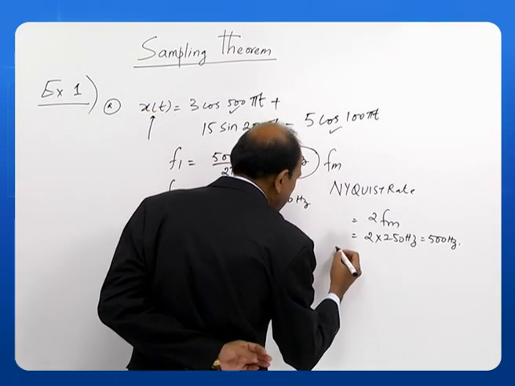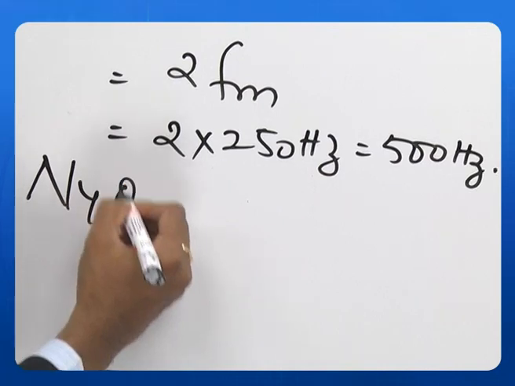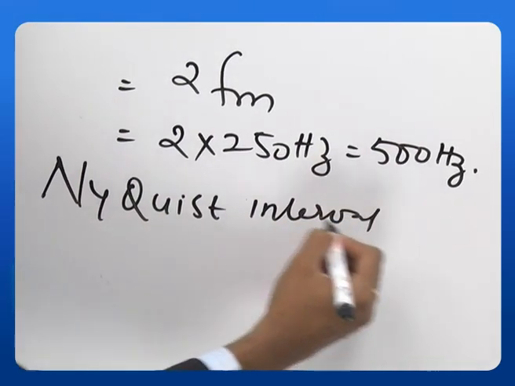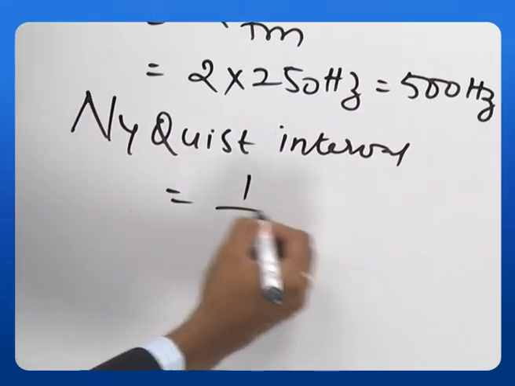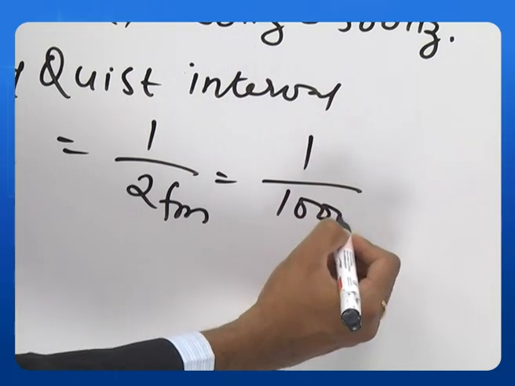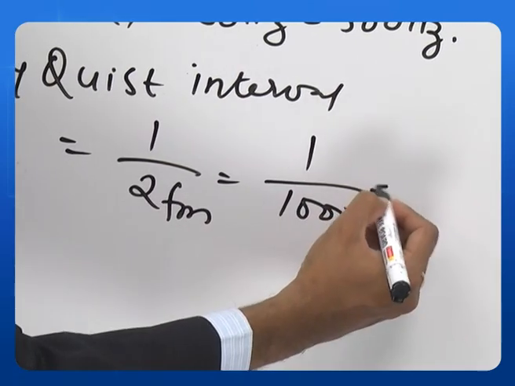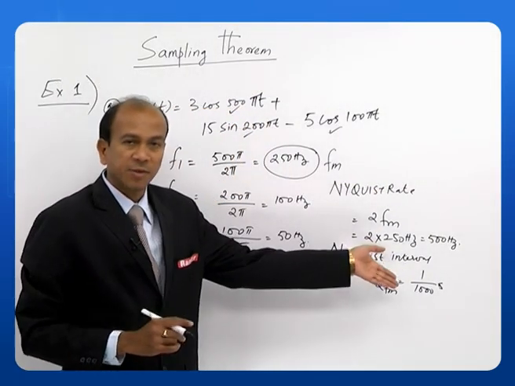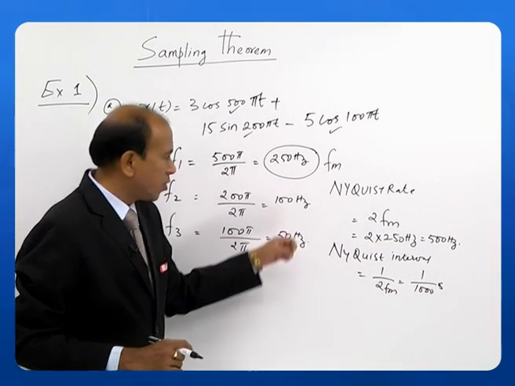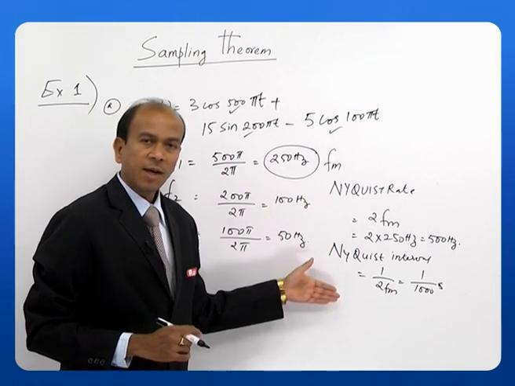The Nyquist interval is equal to 1 by 2Fm, that is 1 by 1000 seconds. So this is the Nyquist interval. You got a Nyquist rate, you got a Nyquist interval.